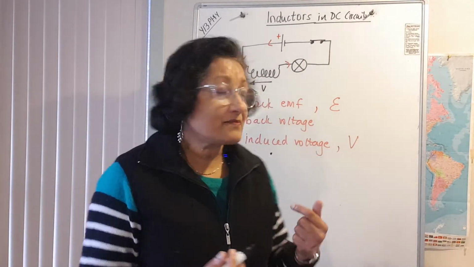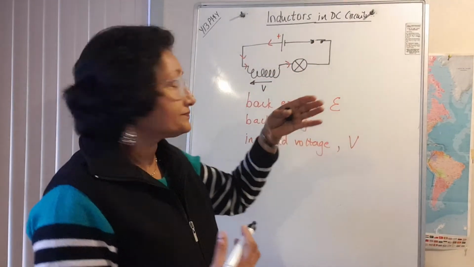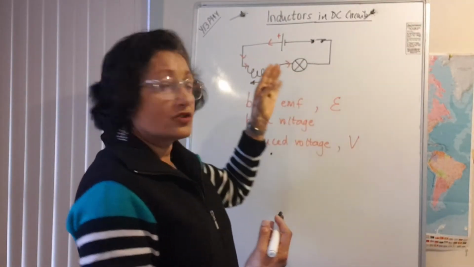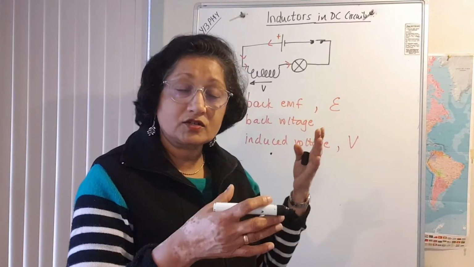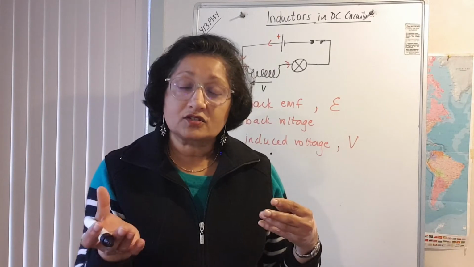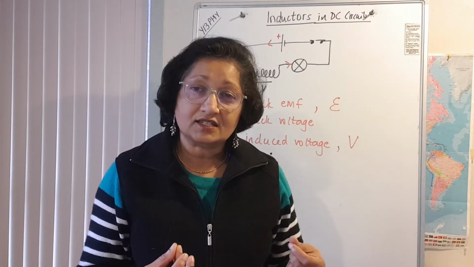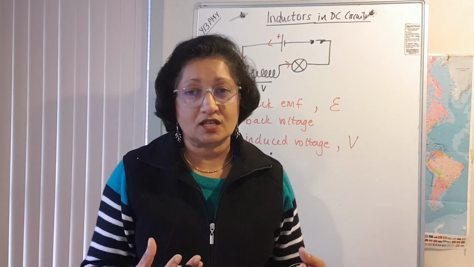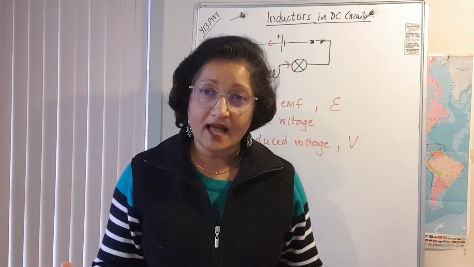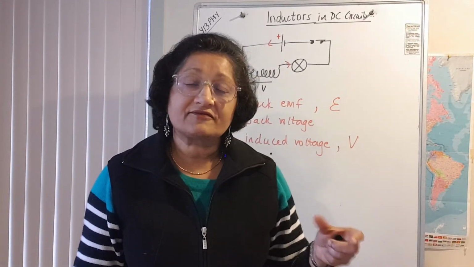Okay, and the same thing happens when you open the switch. The current is going to go from a maximum while the current was flowing, and when you stop the current flowing by opening the switch, the current is going to fall to zero. But if there's an inductor in the circuit, it's going to again oppose this change, because there's going to be a changing flux due to the changing current, and the lamp will just fade off slowly.